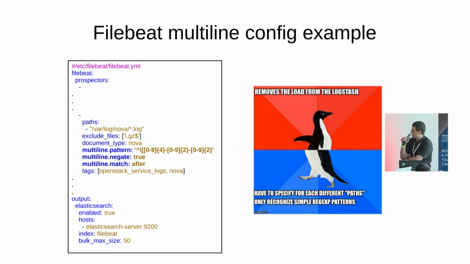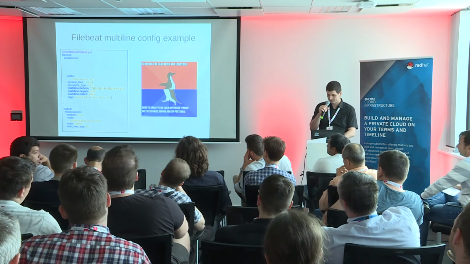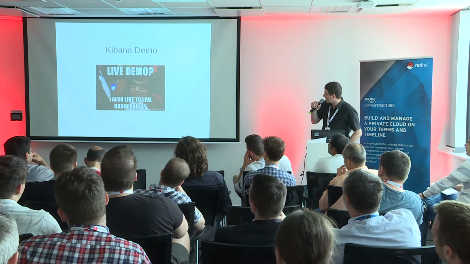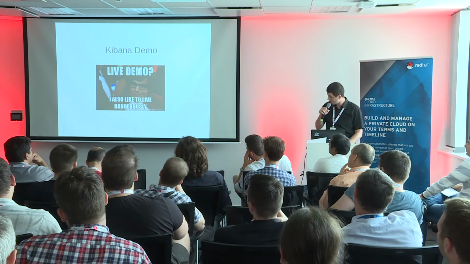What's the problem with that? The main problem with this solution is that you are limited to using only a single Linux regex possibility. So you cannot really use complex grok filters to be able to match your patterns. So how is this visible?